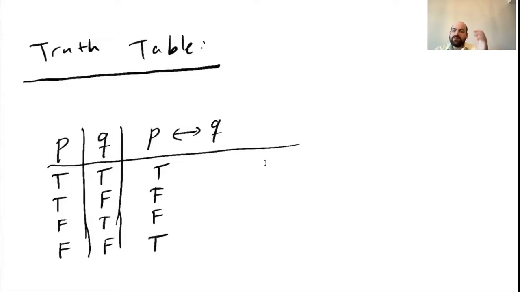So remember when we talked about conditional statements, we said that for some conditional statements, the converse is true. For some, the converse is not true. If the converse is true, then we call that statement if and only if. But if the original statement is true, but the converse is not true, then that conditional statement is not if and only if.